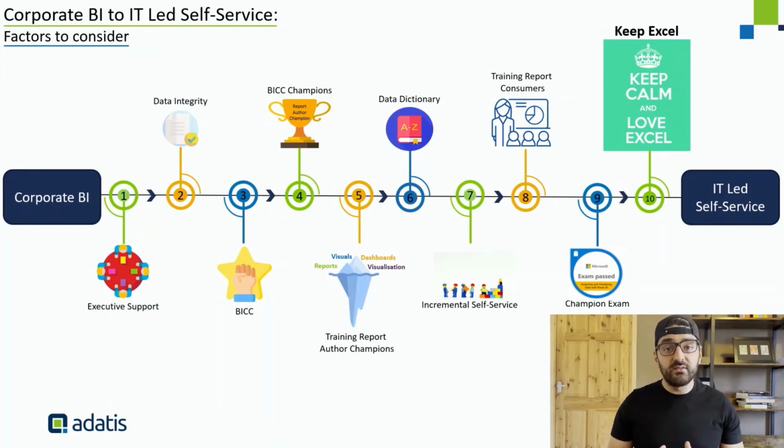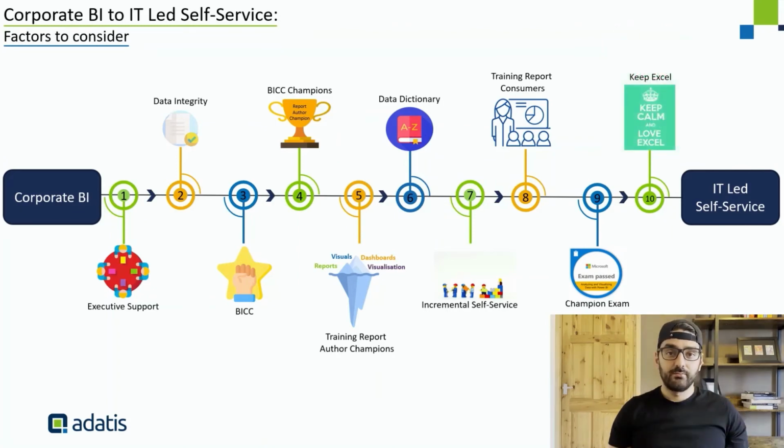Previously, I was involved in scenarios where the business was pushing back against Power BI only because they thought Power BI couldn't offer the same capabilities that they were using now. So in a nutshell, whichever platform is currently being used, we should understand how it is being used and showcase the equivalent and also more that is available in Power BI too. So those were the 10 factors to consider before moving to IT-led self-service.